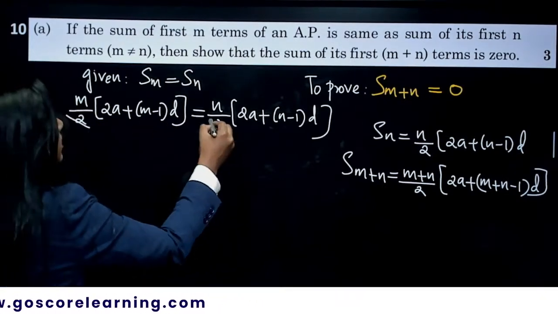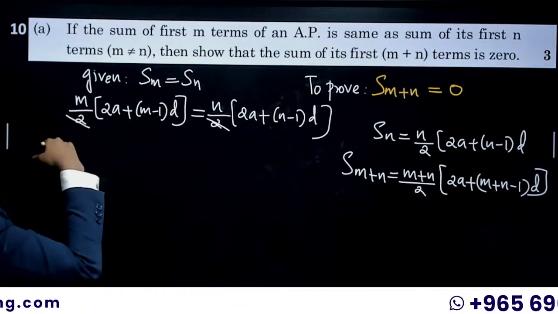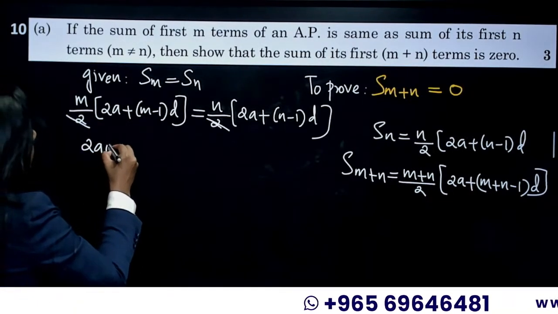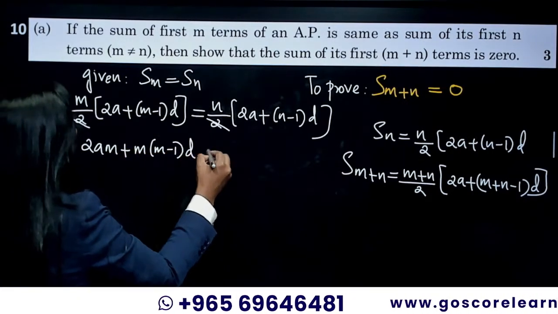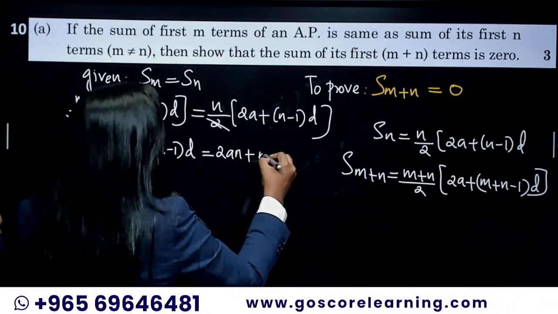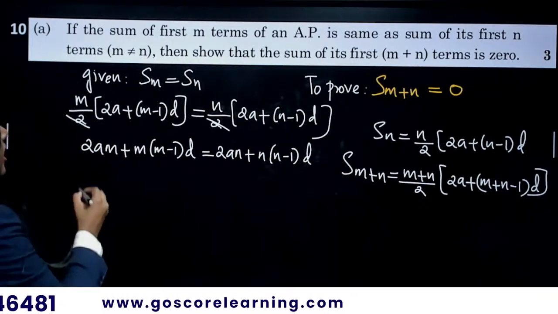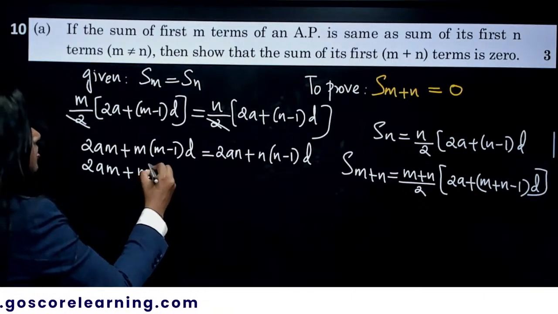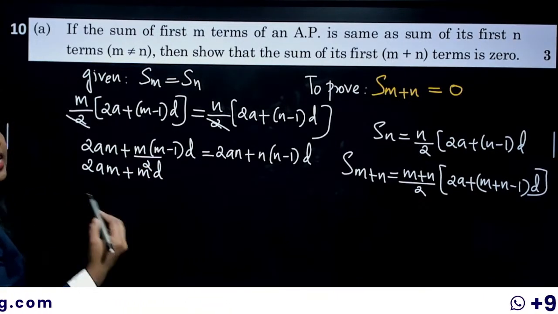Okay, we can cancel 2 from both sides. Now we are taking this m inside, that is, opening the bracket. So 2am plus m into m minus 1 into d is equal to 2an plus n into n minus 1 into d. So 2am plus m into m is m square, then you have to multiply the d as well.